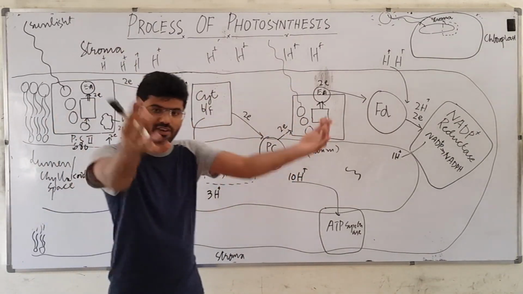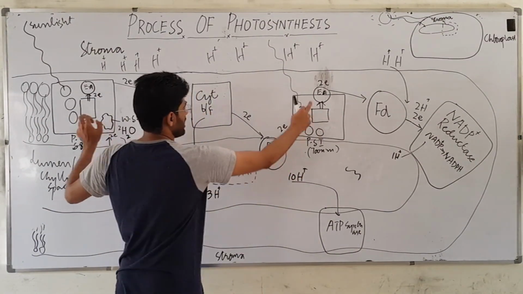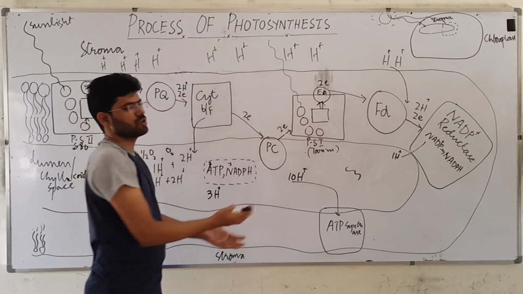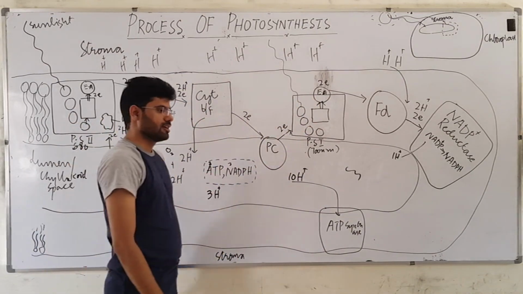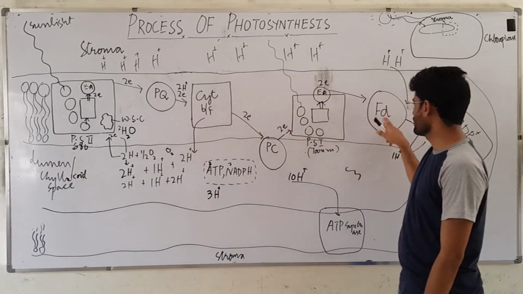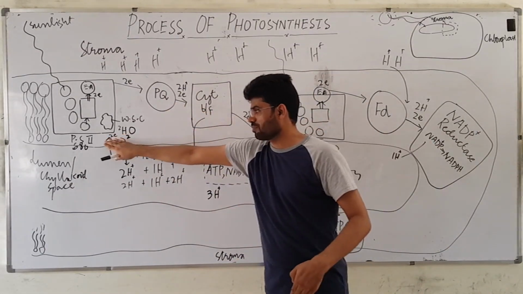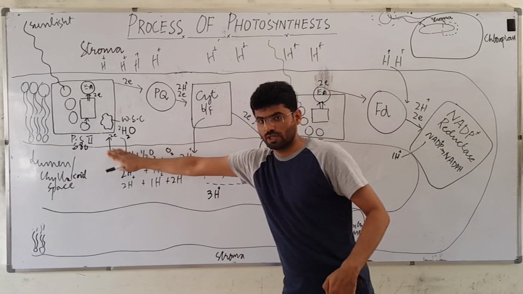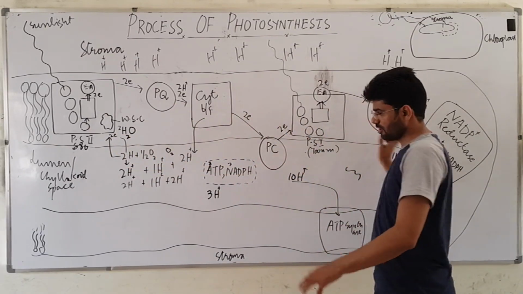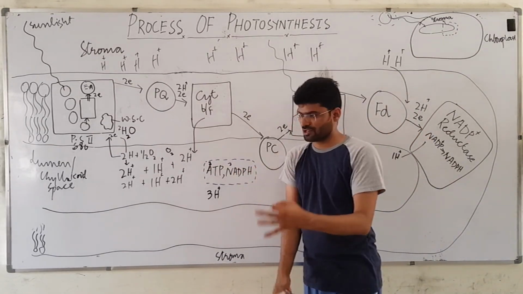This caused the elevation of electrons, and those electrons were taken up by the electron acceptor molecules, and these electron acceptor molecules delivered those excited electrons to mobile electron carriers. So the electrons were moving from PS2 to PS1, and then from PS1 to NADP reductase for the sake of synthesizing NADPH.